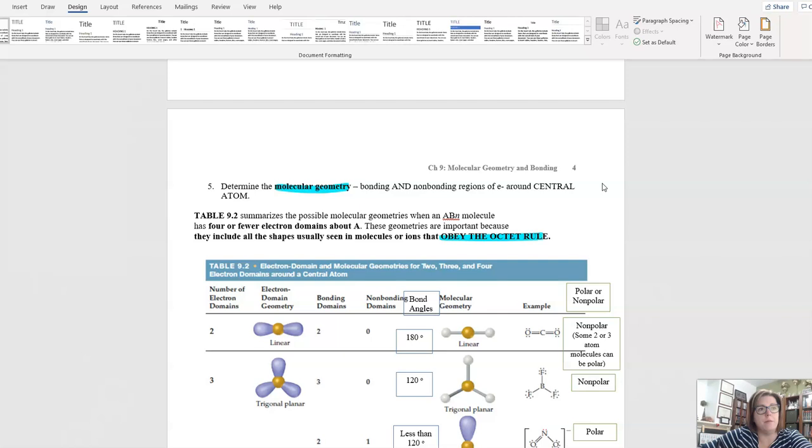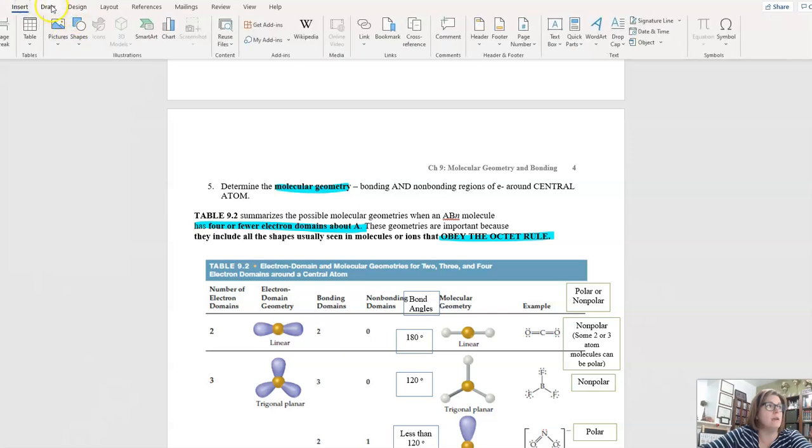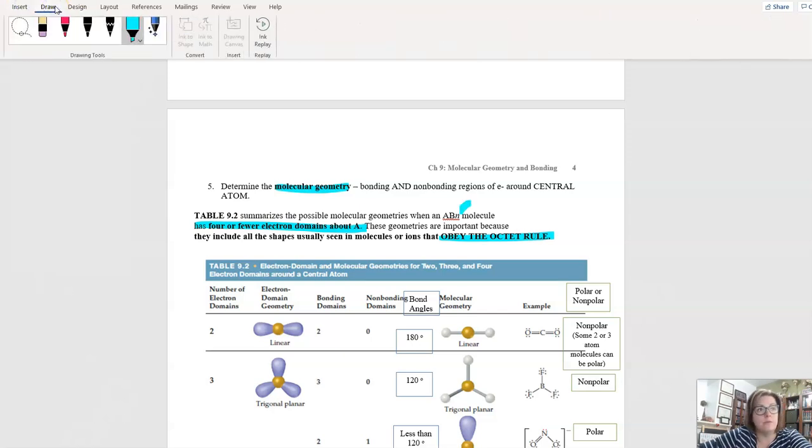So in this first table, this is when the octet works. This is when you will definitely see subscripts, that little n right there, be anywhere between 1 and 4. So, yay, octet works.